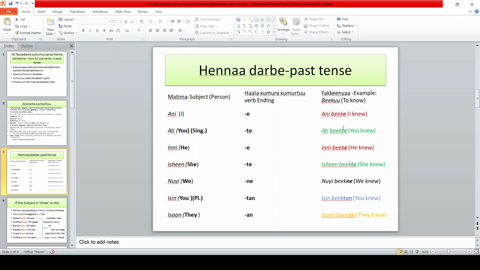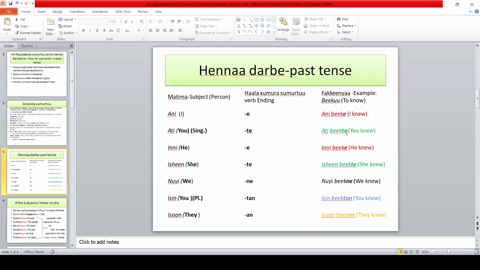So sometimes the verb form for the past of ani and inni can be the same. There are places where it differs, of course. Ani deeme, inni deeme. Ani beeke, inni beeke. So I made it the same color because they are similar.